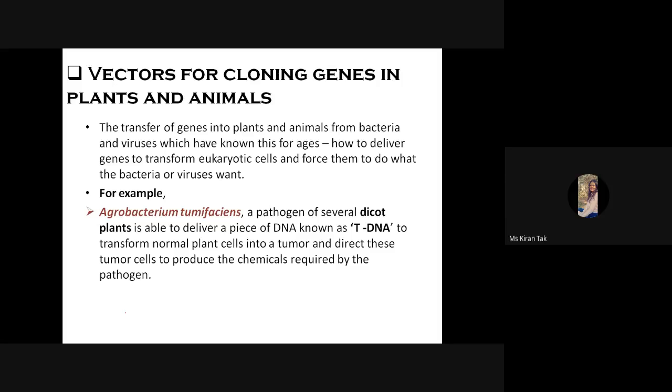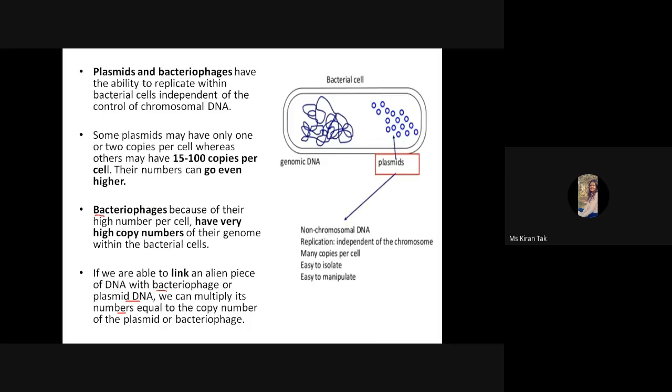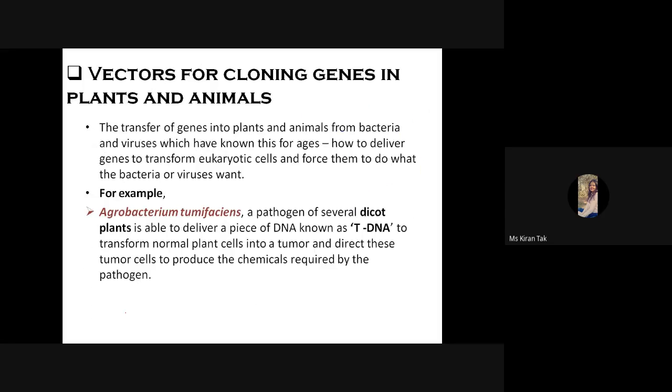As we have seen, viruses can be used that infect bacteria. So how can we use DNA from agents that infect plants and animals? Pathogens like Agrobacterium tumefaciens, which are pathogens of dicot plants, deliver some part of their genes into the plant cell.